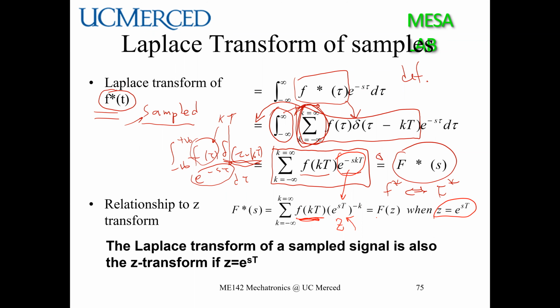So then it is exactly the z transfer function of that sampled signal. So I think I gave you a clear explanation at this point. If you are not lost, congratulations.